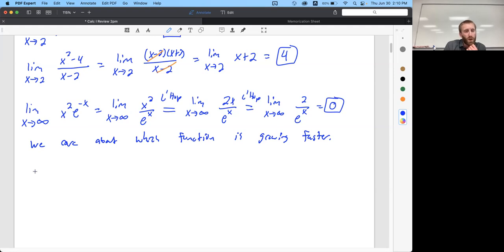So constant functions are slower than natural log or log functions.